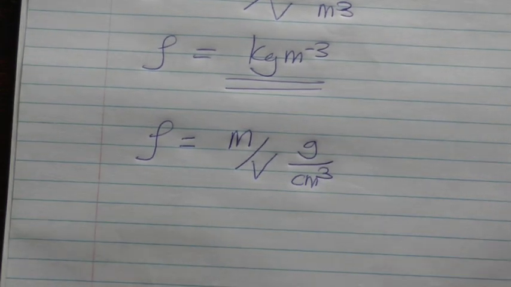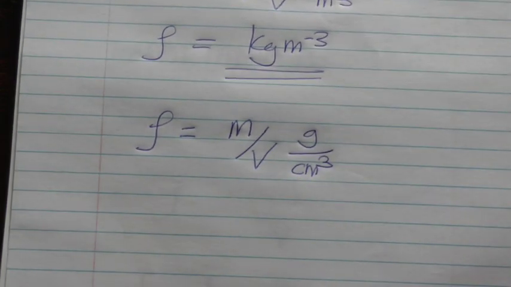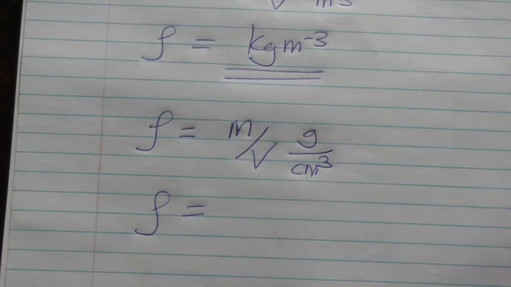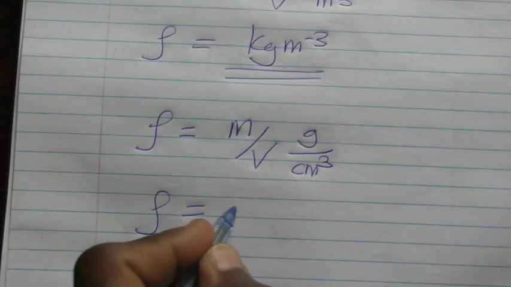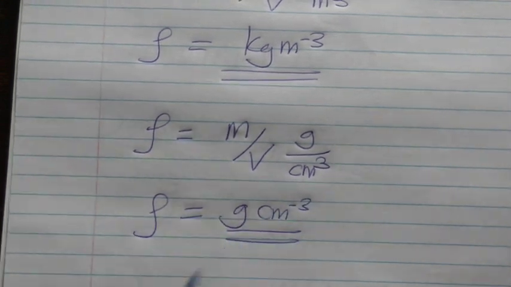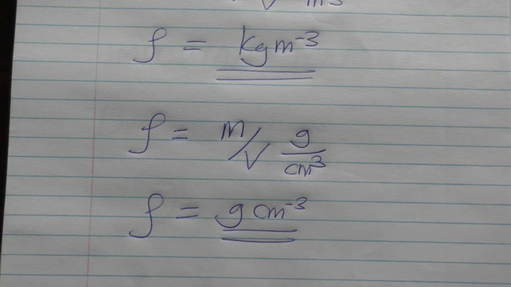So when we divide gram by cubic centimeter, that gives us another unit of density as grams per cubic centimeter. So those are the two commonly used units of density.